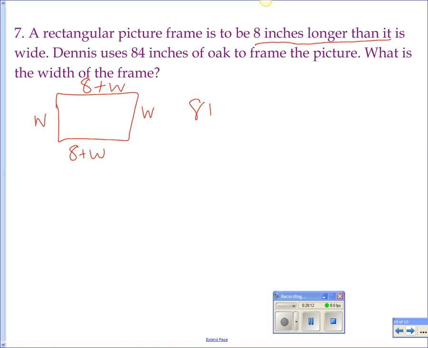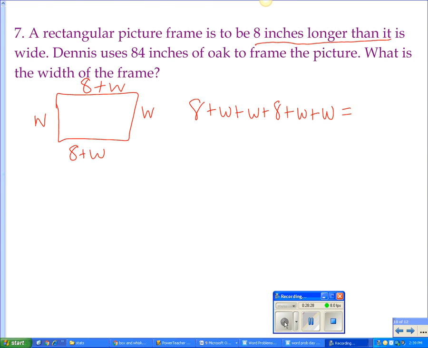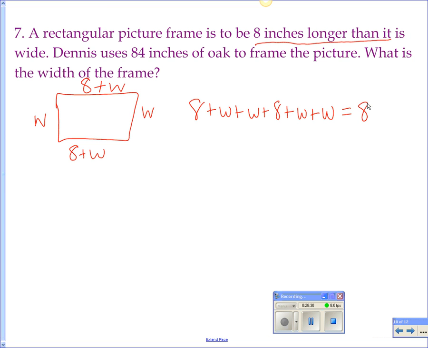Good. Can anyone tell me why we're adding on this one when it doesn't say the word perimeter? Because we already know the perimeter is a rectangle. Because we're trying to find out, really, what does it equal? Good. Okay.